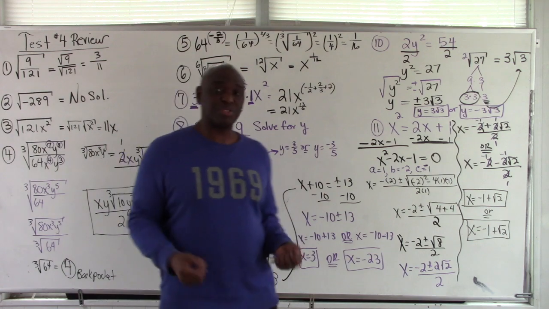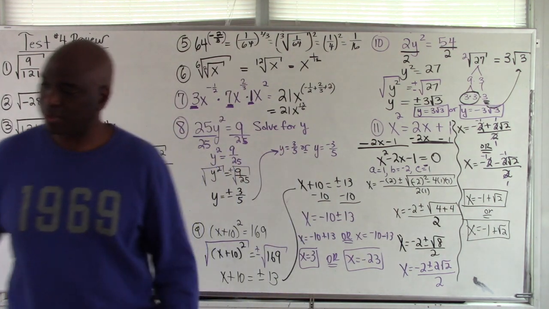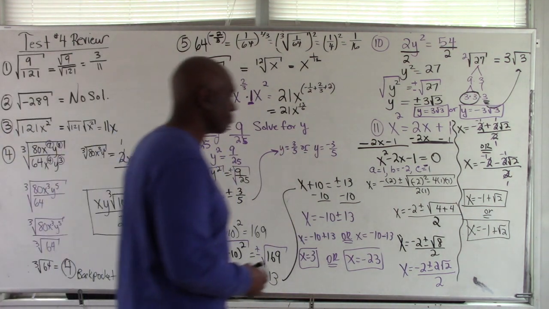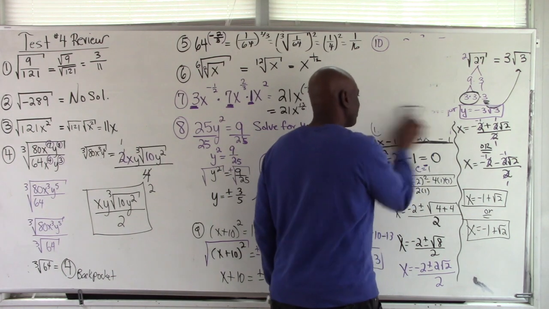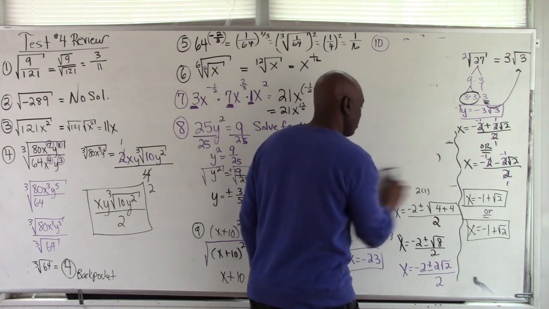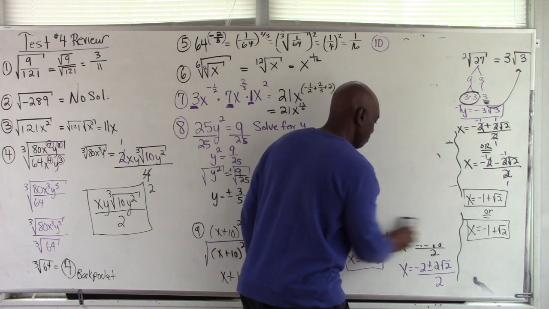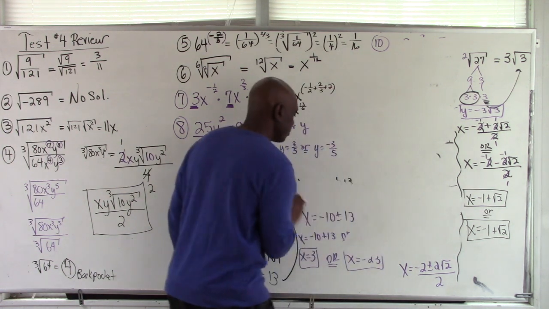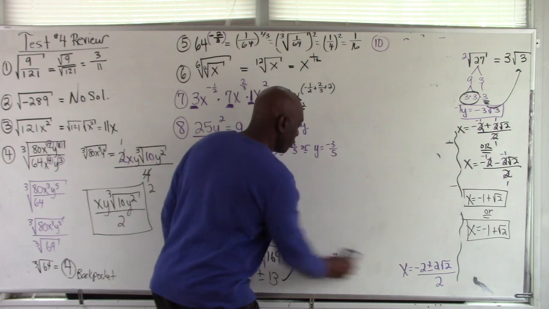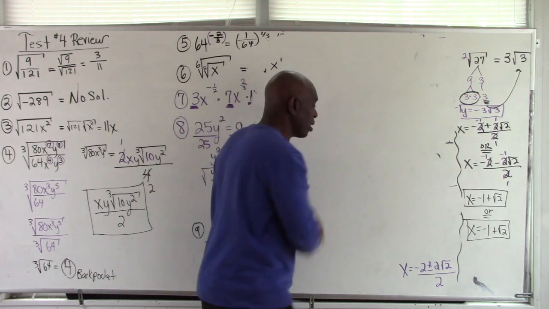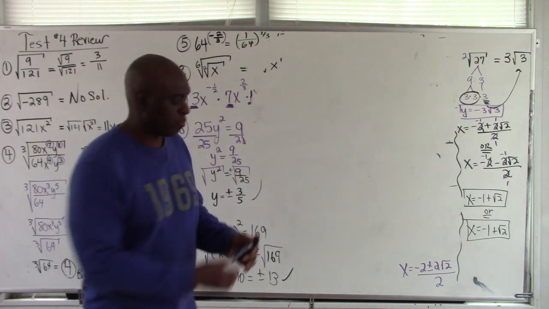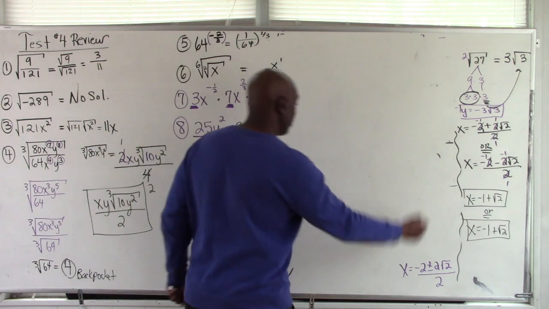So it might be best to use the quadratic formula in that case. Okay? Now, I know the board seems a bit full here, so let me just go back and go through this one more time. I'm going to pick up right here again.